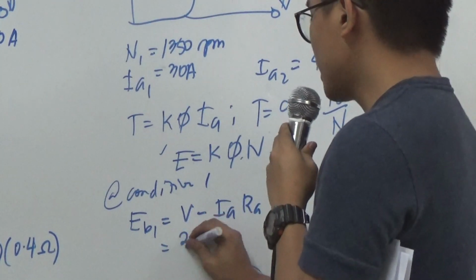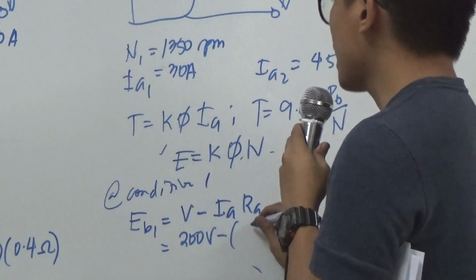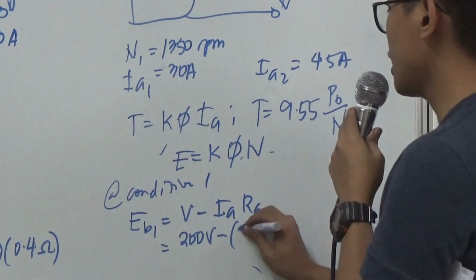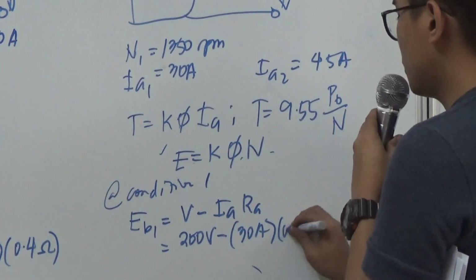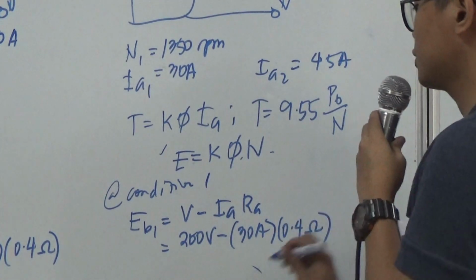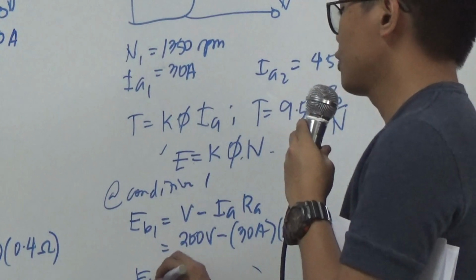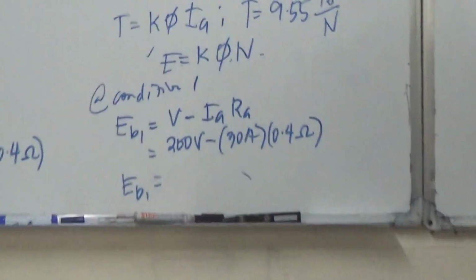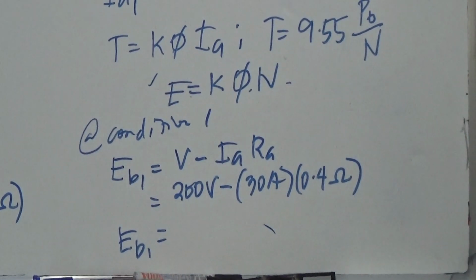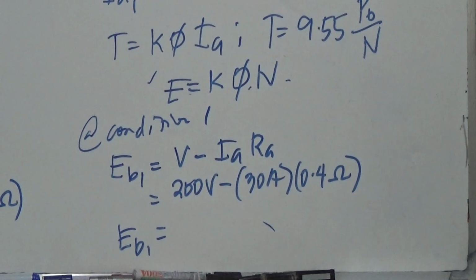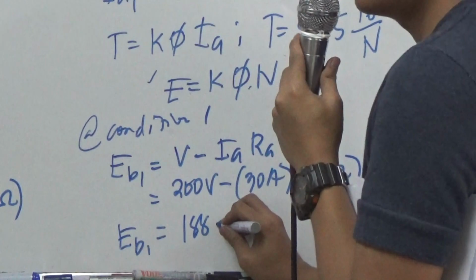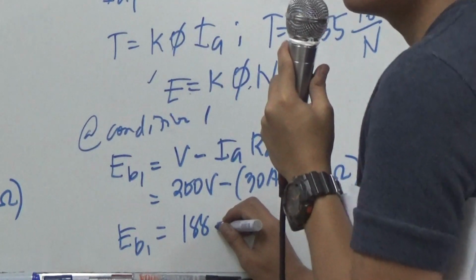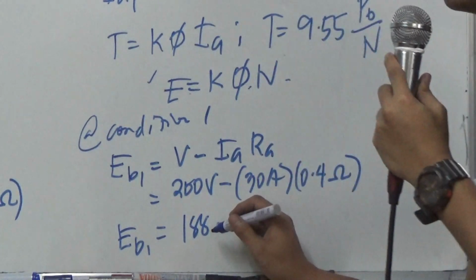So V is 200 volts minus IA natin sa condition 1 is 30 amps multiplied by RA natin na 0.4 ohms. So EB1 is equals to 188. Sakto? Sakto ba? Sakto, sir. Okay.